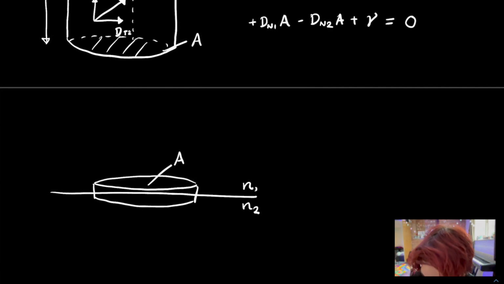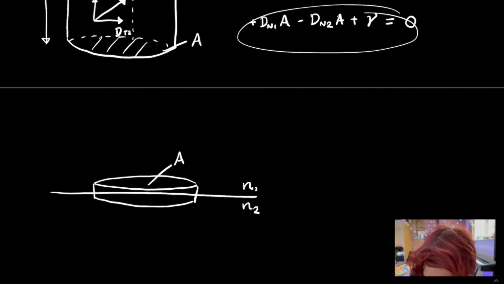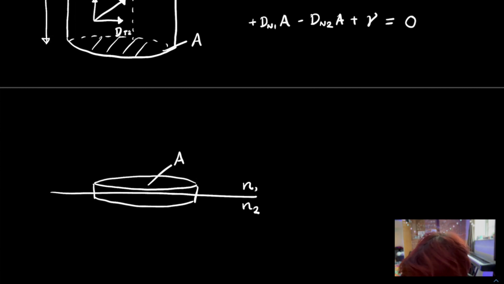So what's going to happen to our summation? Well, if we reduce the height of this cylinder, then there is not going to be any flux going out of the sides of this cylinder, which basically means that this gamma term is going to be equal to 0 because there is no flux.